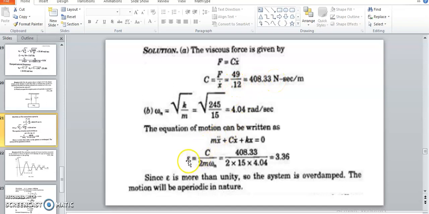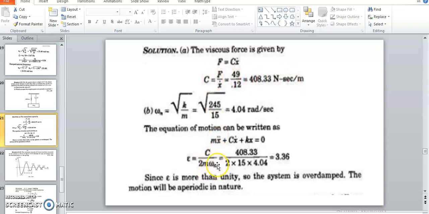Now the zeta value is calculated as C by Cc, where Cc is the critical damping coefficient. Cc is equal to 2 m omega n. Now in this case, the C value is found from this formula. M is given as 15 kg.